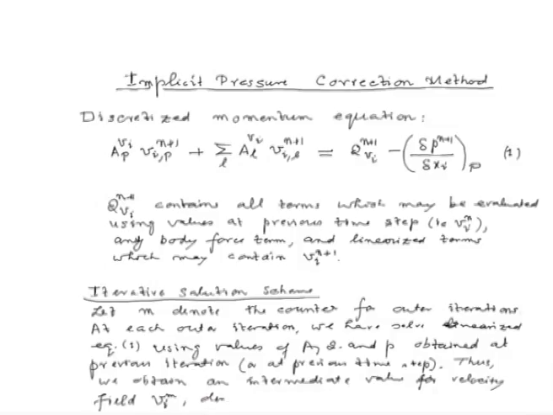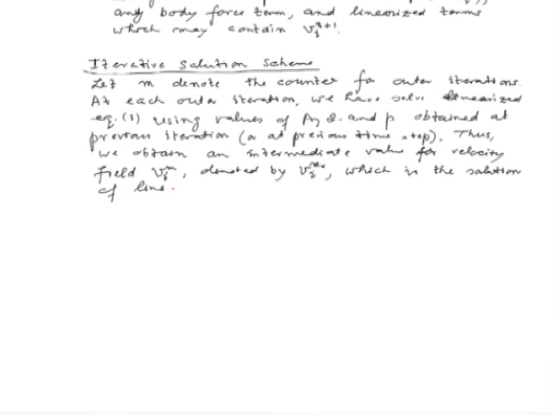Let us denote it by VI M star, which is the solution of A P VI comma P M star plus sigma L A L VI comma L M star.